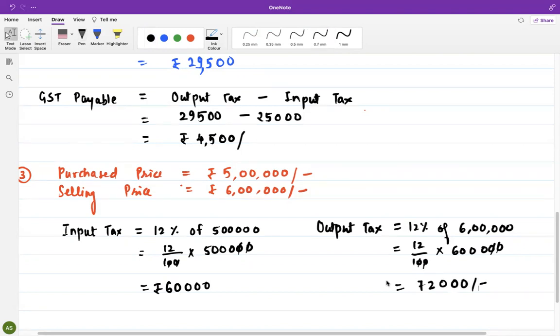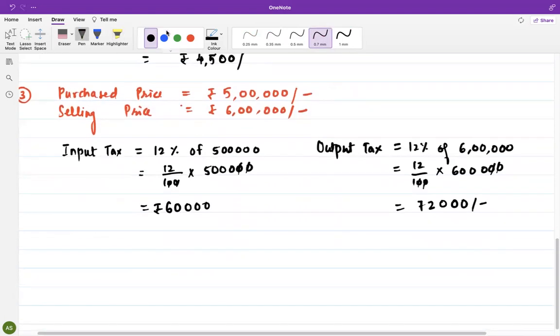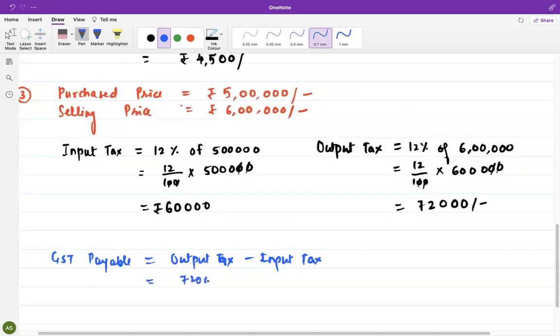So it is 72,000, and therefore GST payable is equal to output tax minus input tax, which will be 72,000 minus 60,000, that comes out to be rupees 12,000.